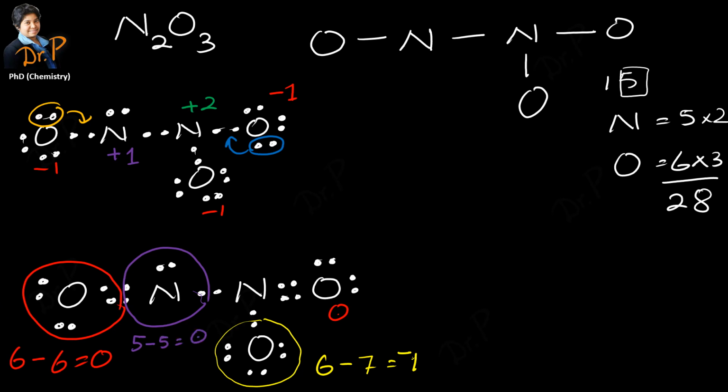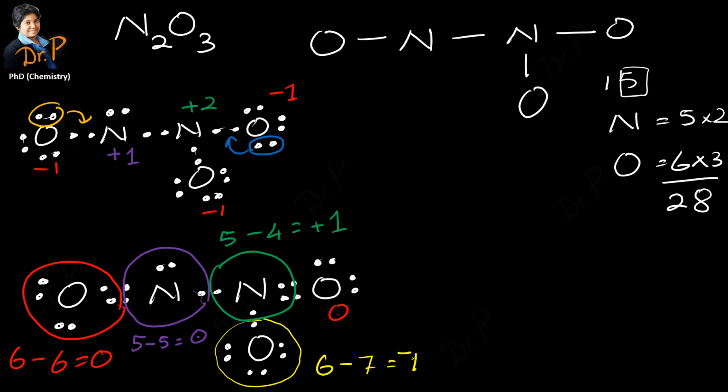What about the other nitrogen atom? In this structure, this nitrogen atom is holding 1, 2, 3, 4 electrons. So its formal charge is +1.